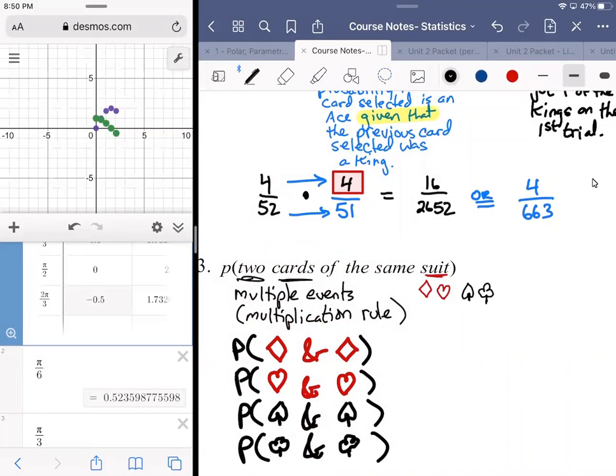The way we would evaluate this in terms of probabilities would be to say, and this is where it gets a little funky, probability of a diamond multiplied by the probability of a diamond given that the first card selected was a diamond.